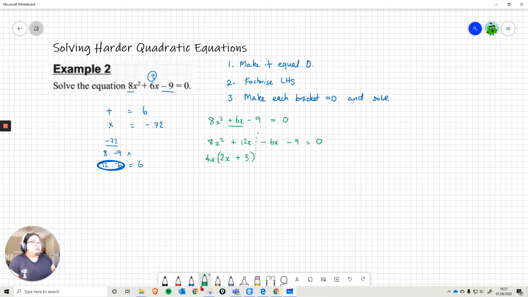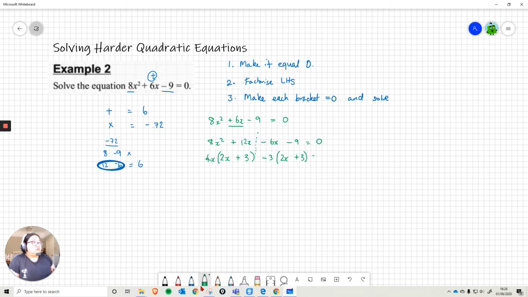If I look at the next 2 terms, I can factorize not just a number, but I'm actually going to factorize the negative as well. Negative 3 goes into negative 6x and negative 9. So I'm going to factorize negative 3 out. Negative 3 times 2x gives me negative 6x, and negative 3 times positive 3 will give me the negative 9.